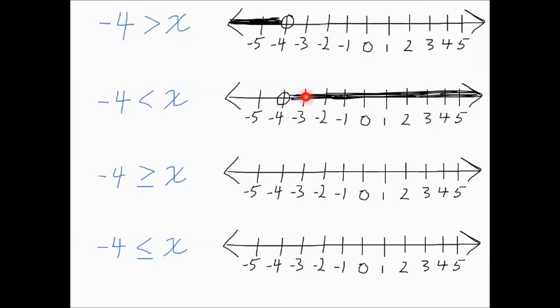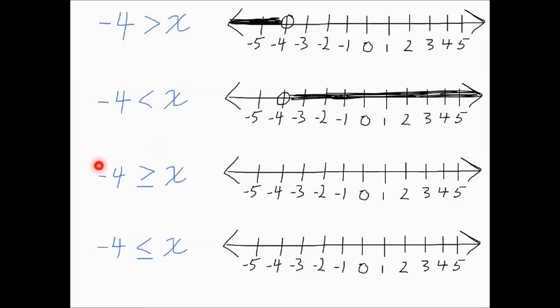So it might be -3. -3 is bigger than -4 because it's further to the right. It might be -2. Again, -2 is bigger than -4 since it is further to the right. It might be any one of these numbers, including a decimal. It could be maybe 1.6. We don't know.